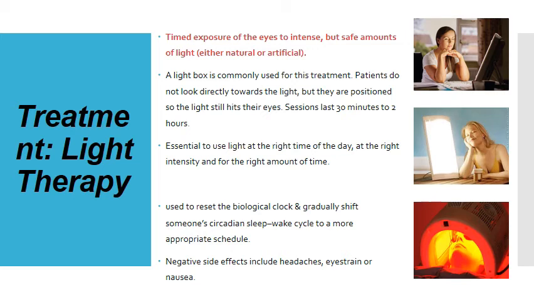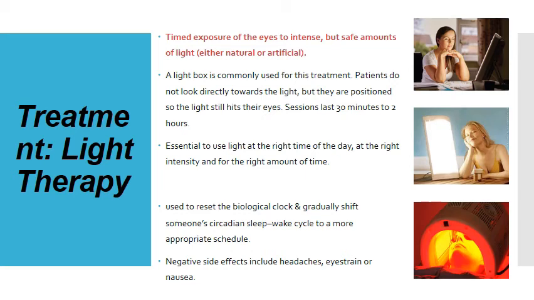So the treatment for circadian phase disorders, not so much sleepwalking. There's no real cure or treatment for that because we don't even really know what causes it. But anyway, the treatment for circadian phase disorders is bright light therapy. Bright light therapy, or phototherapy, involves timed exposure of the eyes to intense but safe amounts of light.